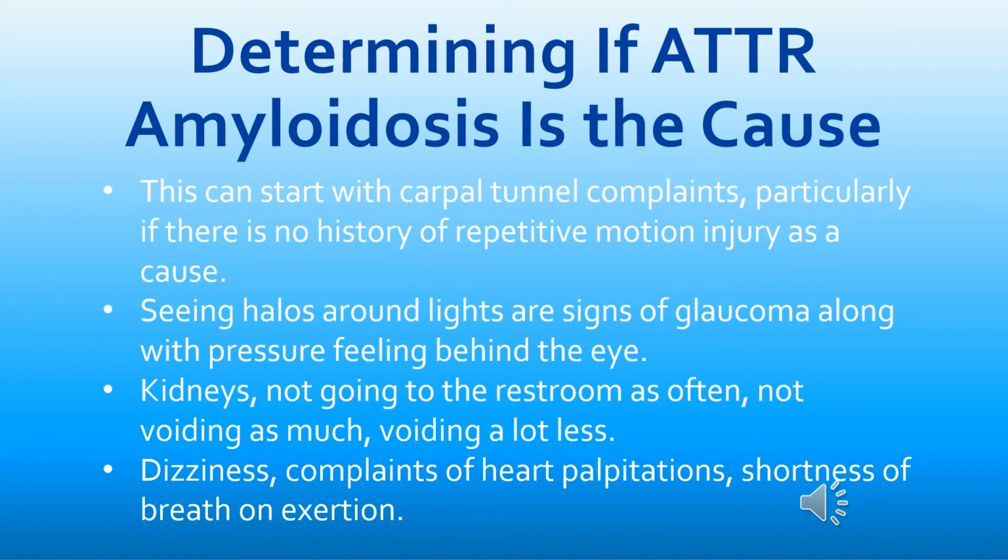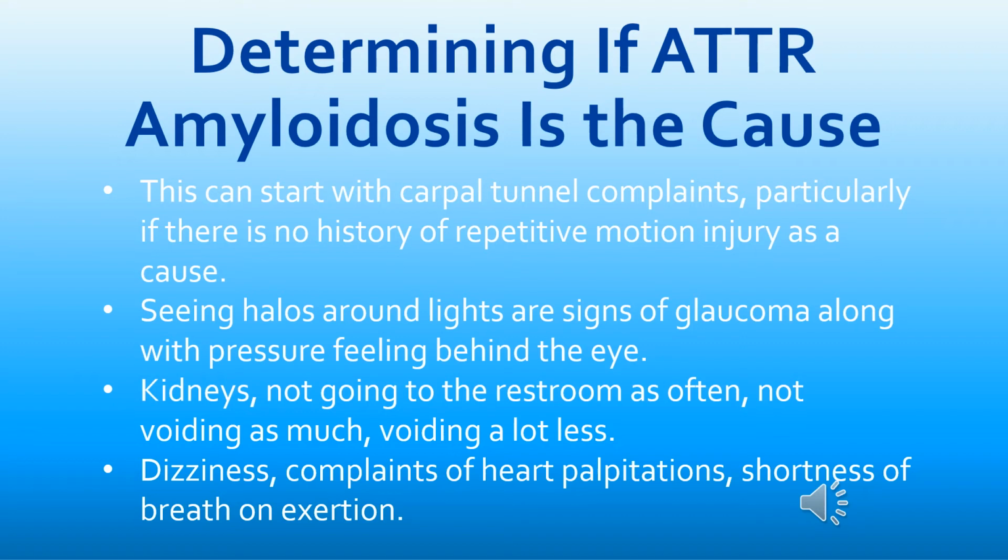But if you have a family member that starts having problems with their kidneys, they're not going to the restroom as much, complaining of inability to get it up, not voiding as much, complaining of voiding a lot less, not even having the urge to go. How about incontinence? Complaining of not being able to hold it long enough to get to the bathroom.